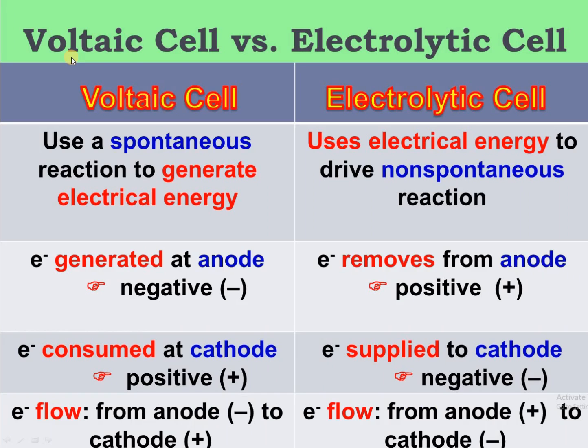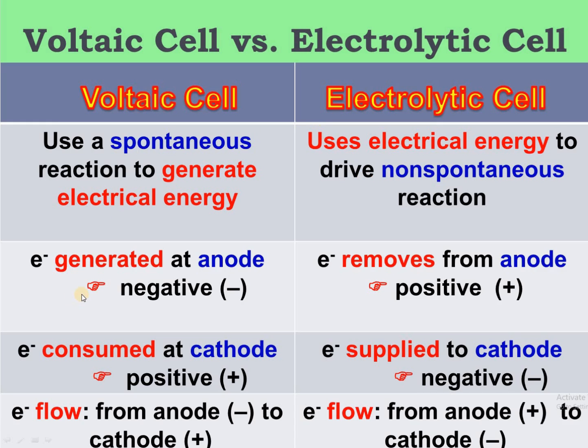These are the differences between voltaic cell and electrolytic cell. Students can see that in a voltaic or galvanic cell, a spontaneous reaction generates electrical energy, and in an electrolytic cell, electrical energy drives a non-spontaneous reaction.